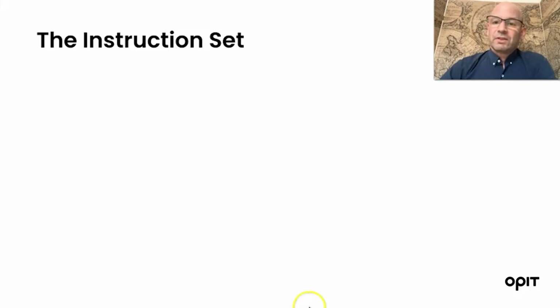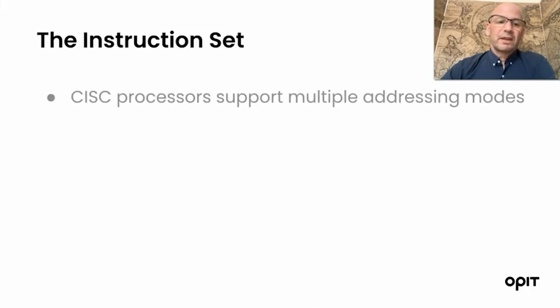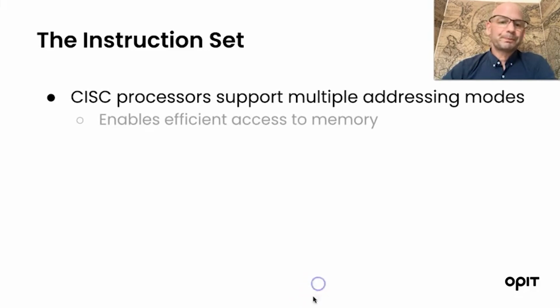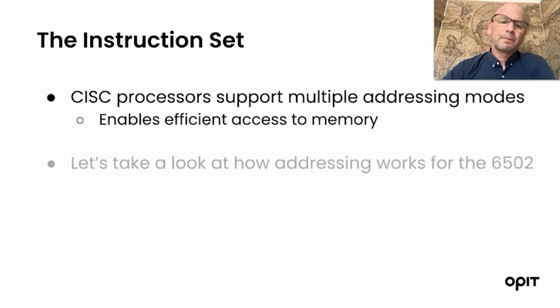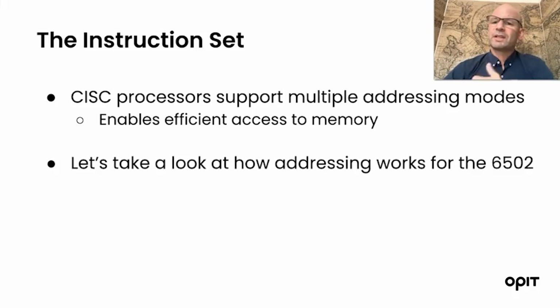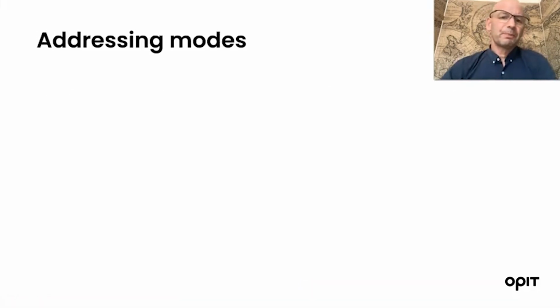So let's look at the idea of an instruction set. What do we mean by an instruction set? CISC processors support multiple addressing modes, and what this does is enable efficient access to memory. So let's take a look at how addressing works, specifically for the 6502.